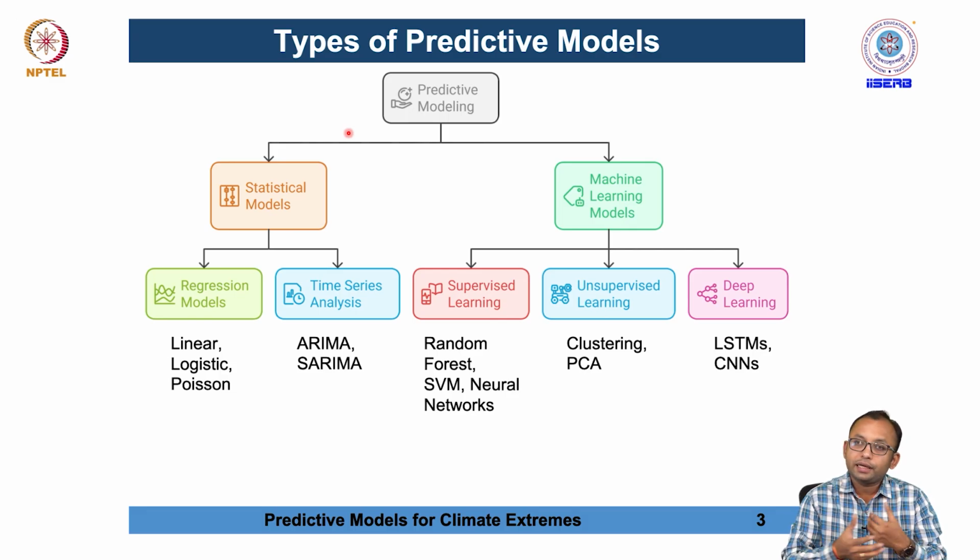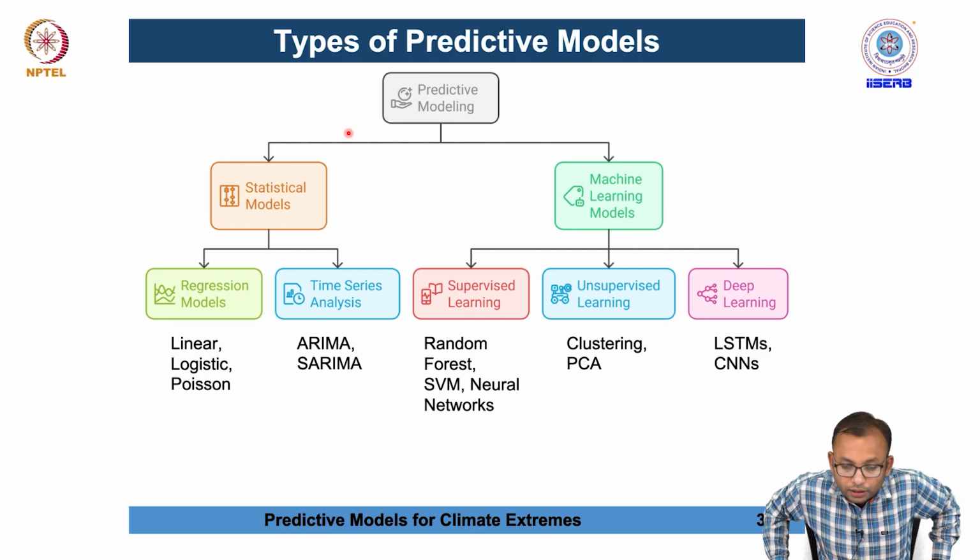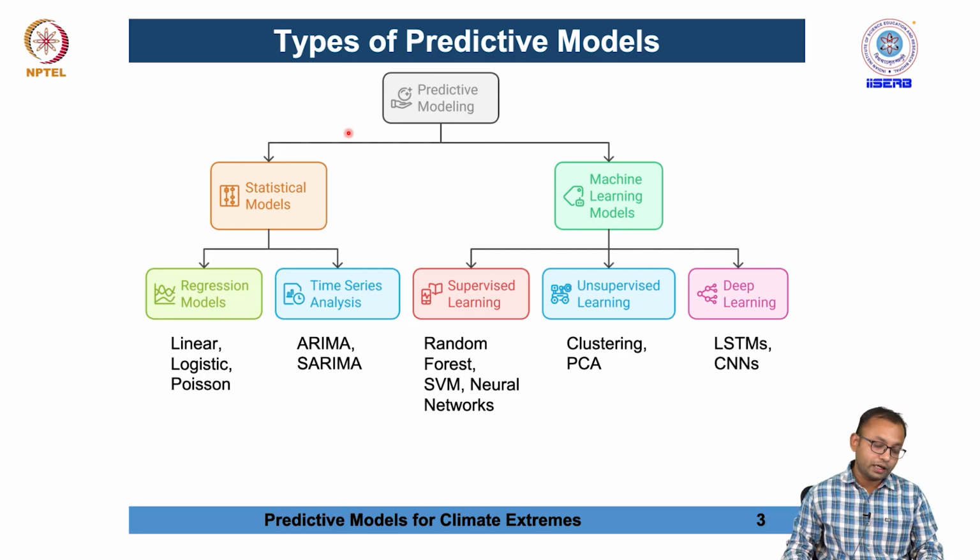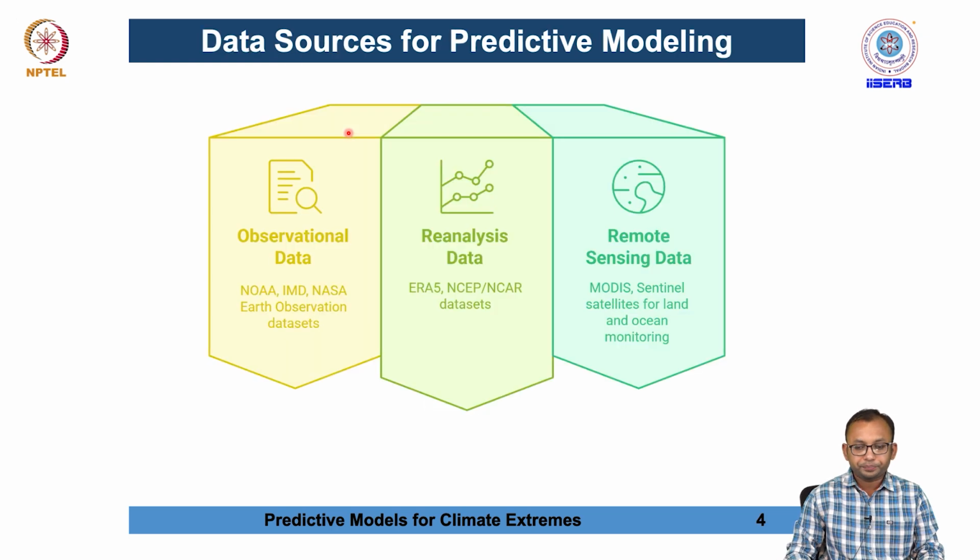In deep learning, we talked about long short term memory or LSTM models and CNN based models, which can also be used as predictive models for climate extremes prediction in future time steps or historical simulations as well.